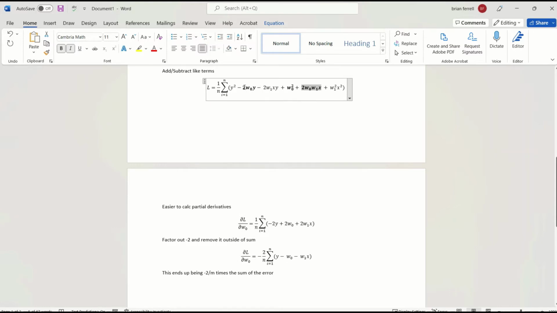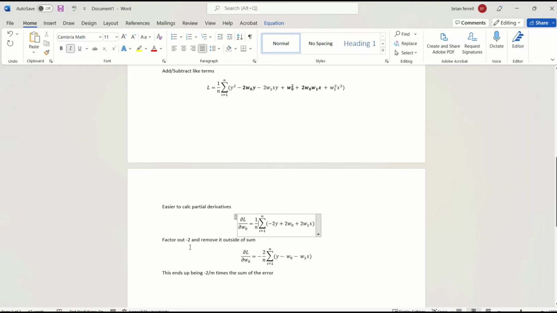So if we do this one, we end up just getting negative 2y. If we do this one, the 2 comes down and we get 2 times our bias. For this one, we eliminate the bias and we end up getting 2 times weight 1 times our training data.